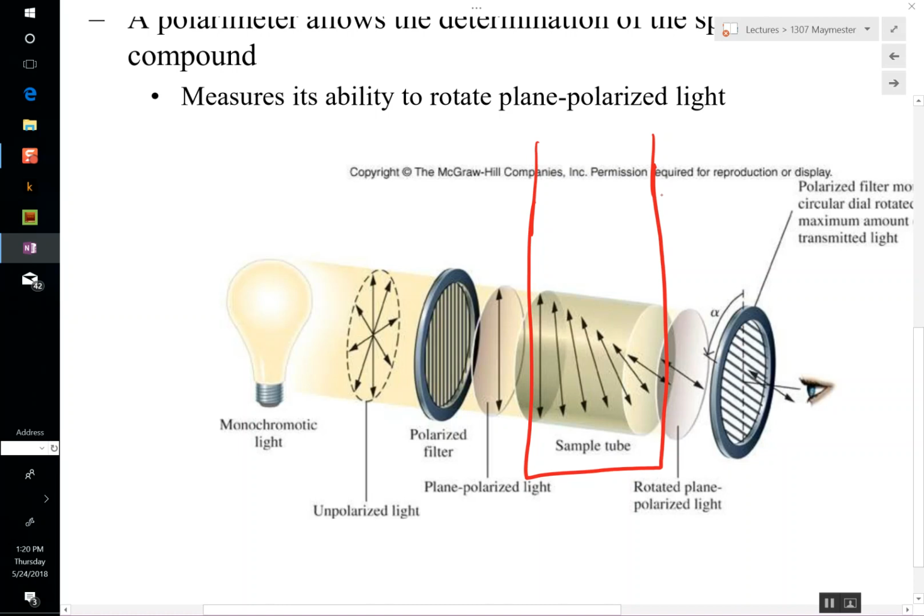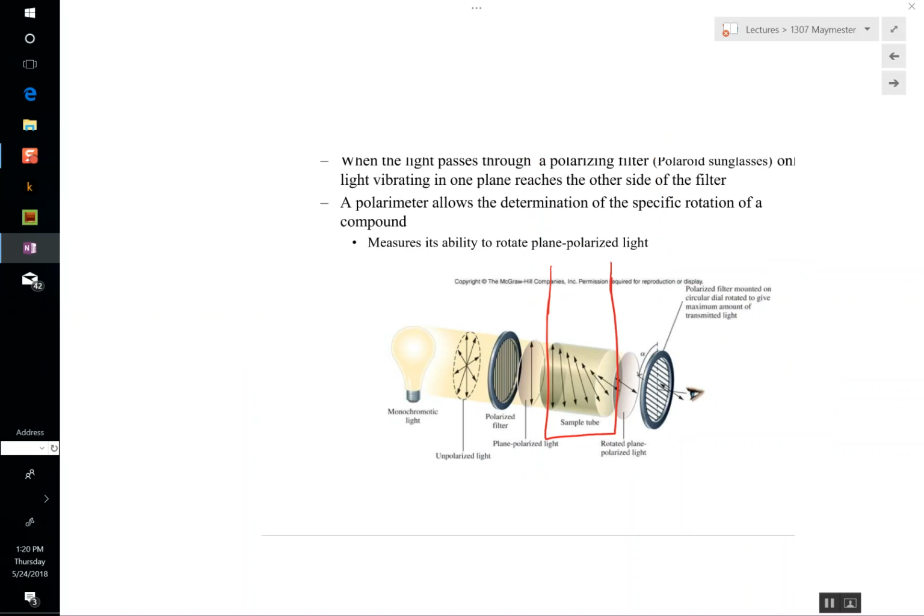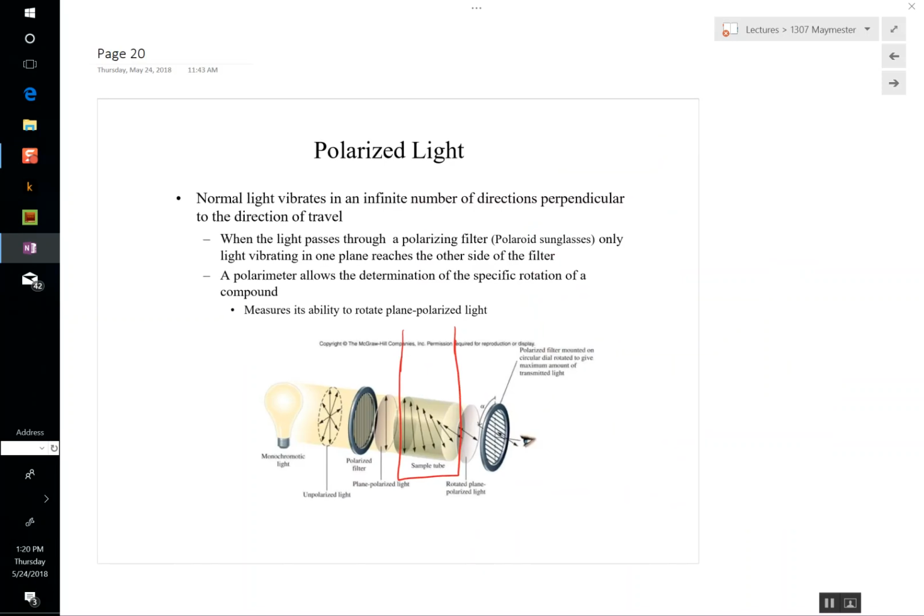The oscillation gets rotated a little bit, and the polarimeter will detect that it's rotating the polarized light to the right or to the left of its original orientation. A mixture of D would rotate it one direction, L the other direction. You'd be able to tell the difference.